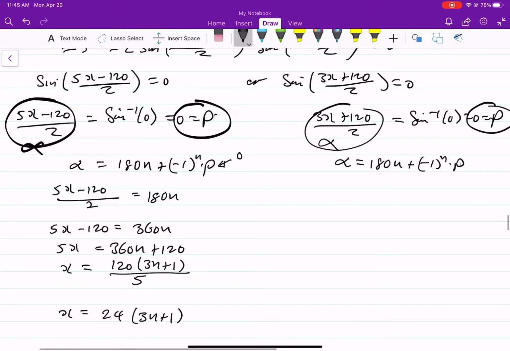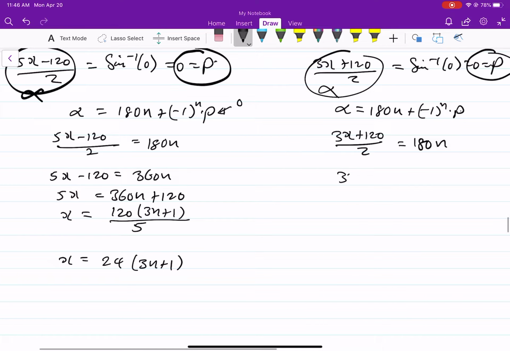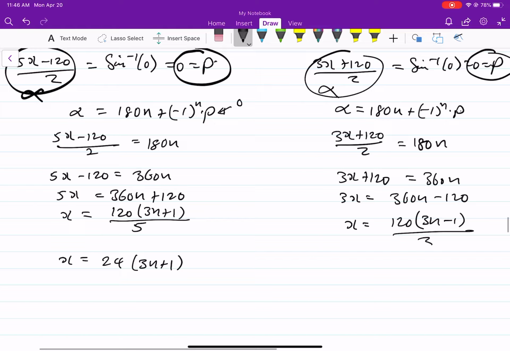Alpha in this case happens to be 3x plus 120 upon 2, and that must be equal to 180n plus 0. 3x plus 120 is equal to 360n. 3x is equal to 360n minus 120. X is equal to 120 into 3n minus 1 upon 3.